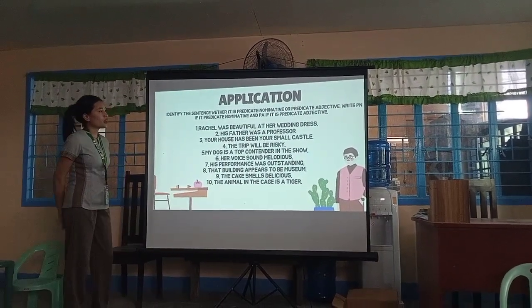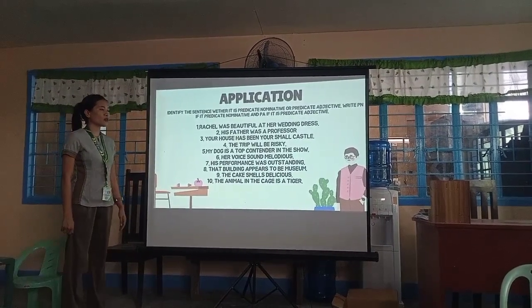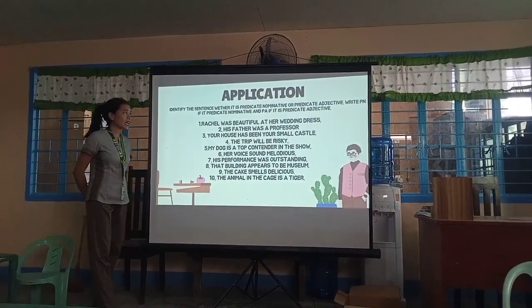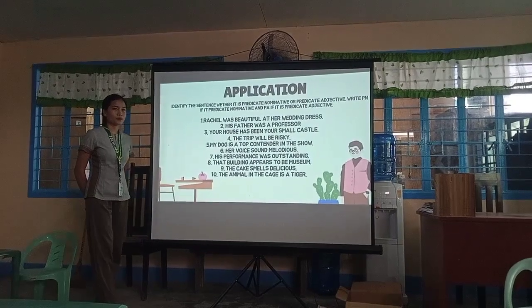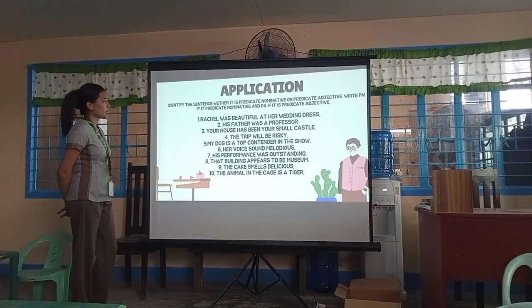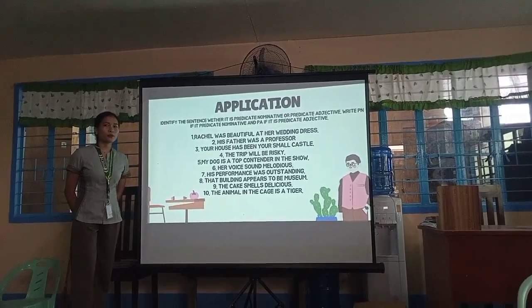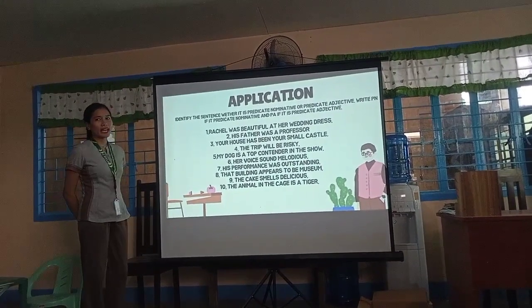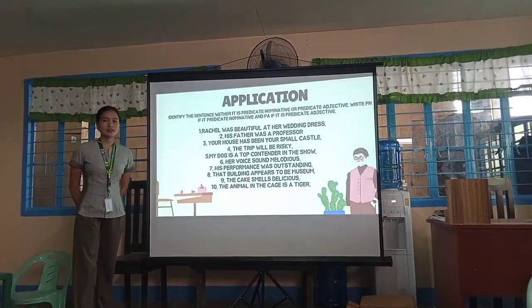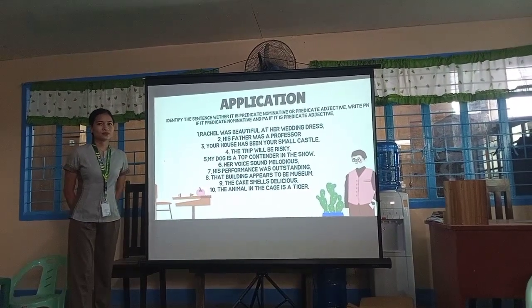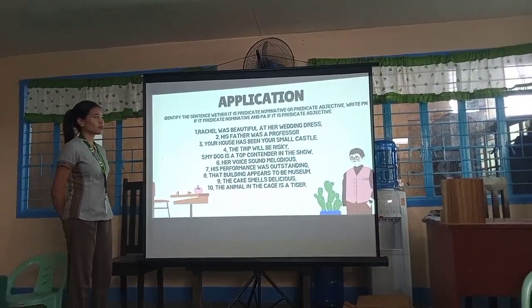Number 3 is, your house has been your small castle. Is it PA or PN? PN, ma'am. Correct. Number 4. The trip will be risky. Is it PA or PN? Mr. Hassan? I think it is predicate adjective, ma'am.